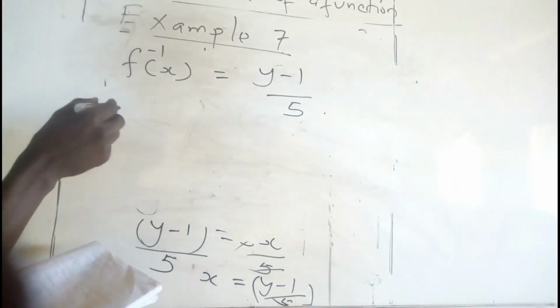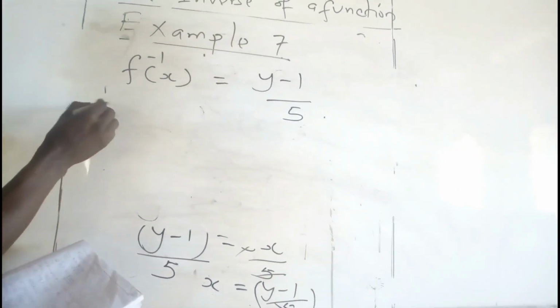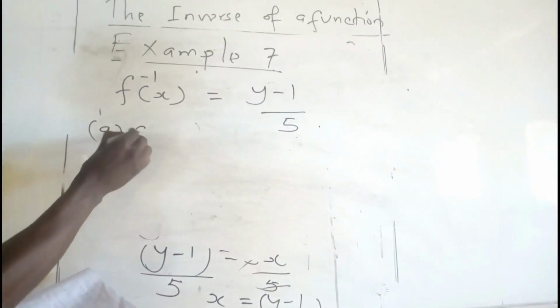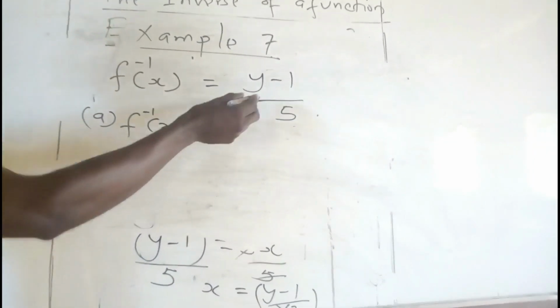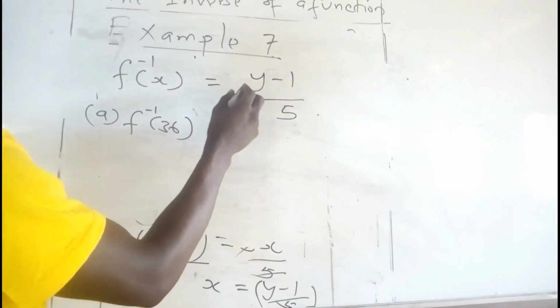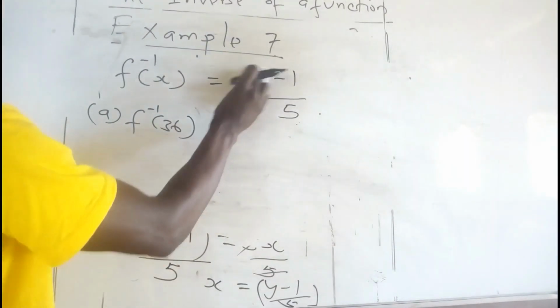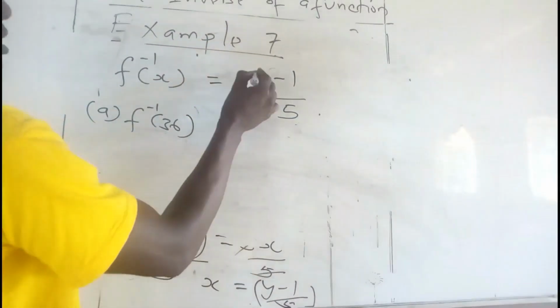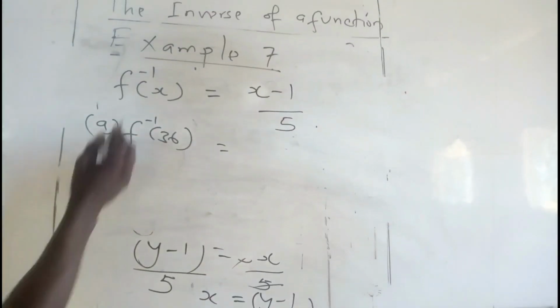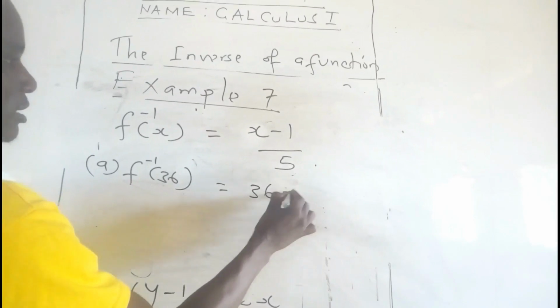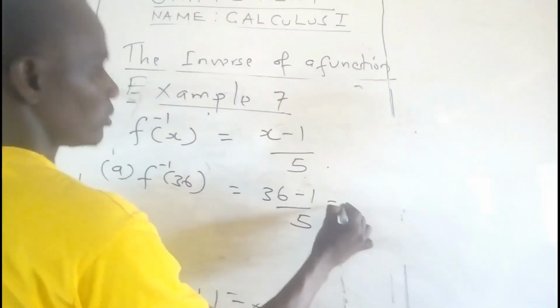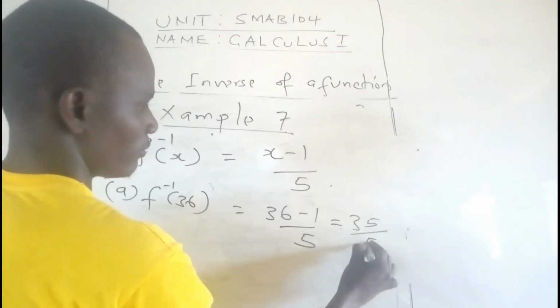Then in our equation, we are supposed to solve part A, which is f inverse of 36. I said previously that when you're writing the inverse, the y now changes to x. So we'll have this one as our inverse. Plug in 36, we'll have 36 minus 1 over 5, which is 35 all over 5.